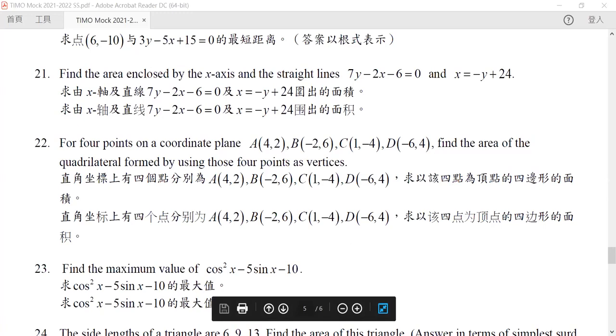Notice how this is very similar to the method that we will use later in question 22. So please do remember to compare these two methods. Now we have three lines. One is our x-axis.